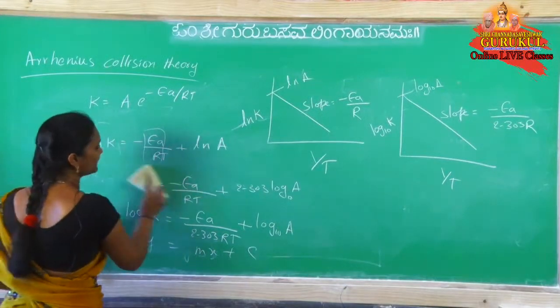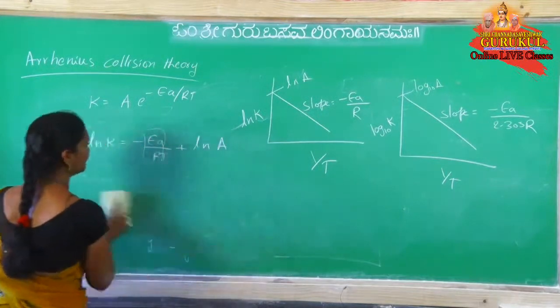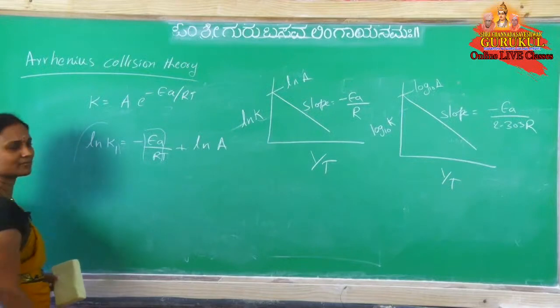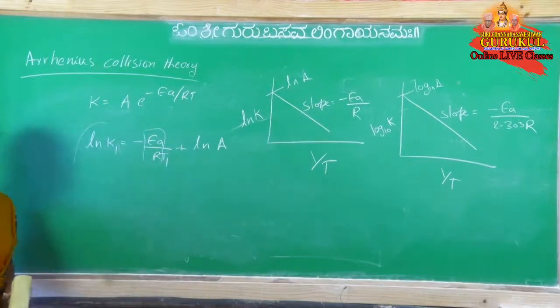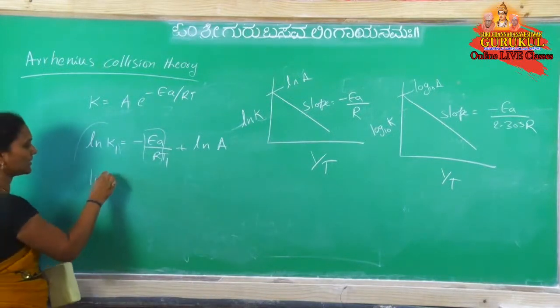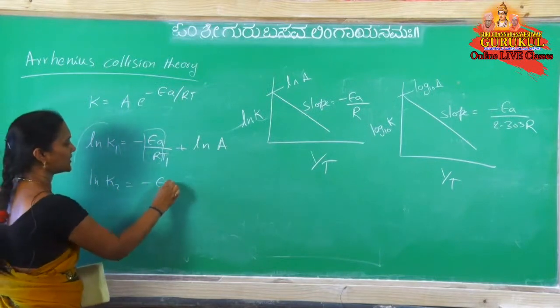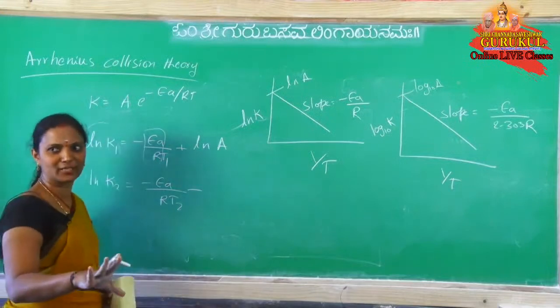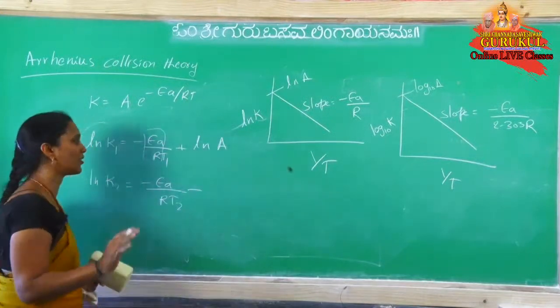Now come to this. It is ln K1 at T1 temperature, K1. Now ln K2 is minus Ea by RT2 plus ln A, this is at T2 temperature. Full derivation is not required, finally there is one formula that we are going to use in different problems.